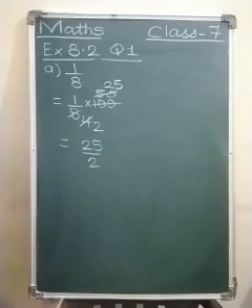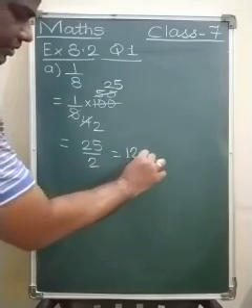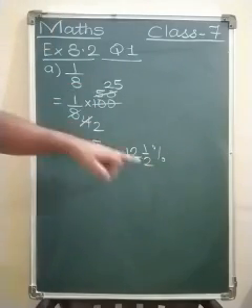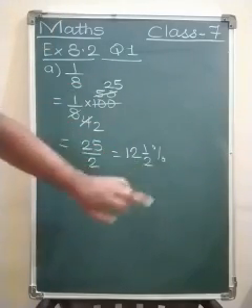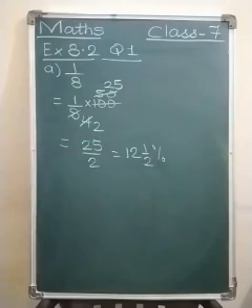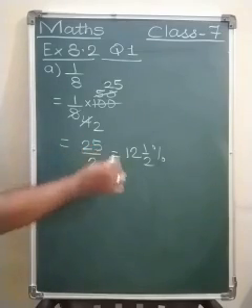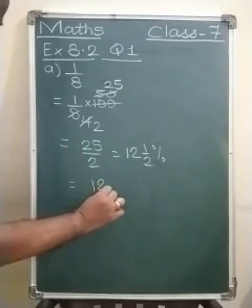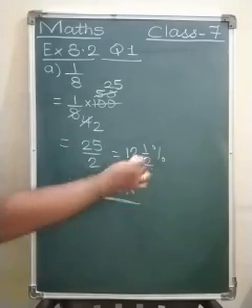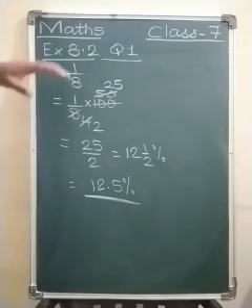So this can be written as 12.5%. Now this percent sign is very important. 25 upon 2 means 12.5%. Or if you convert this to decimal form, it would be 12.5%. Any one answer you can write, and it is very simple.